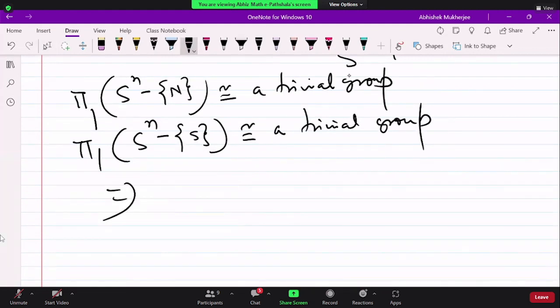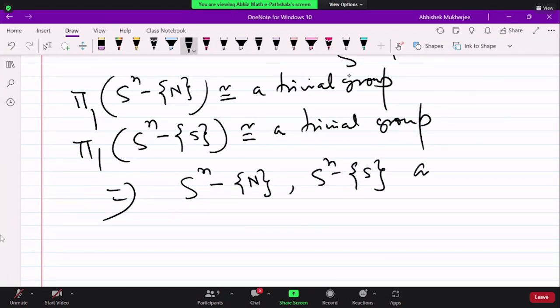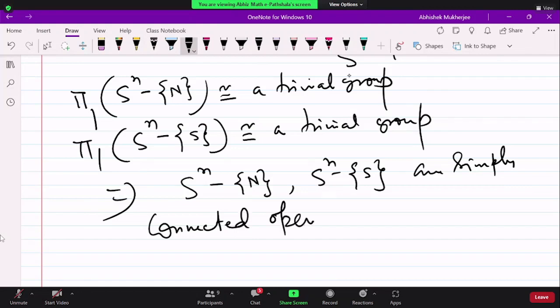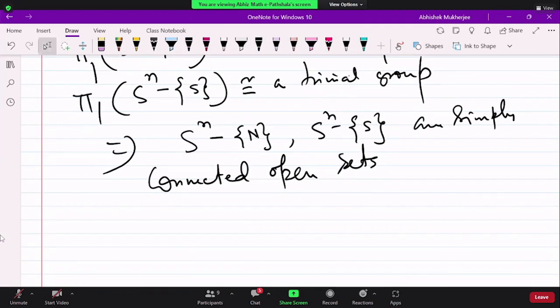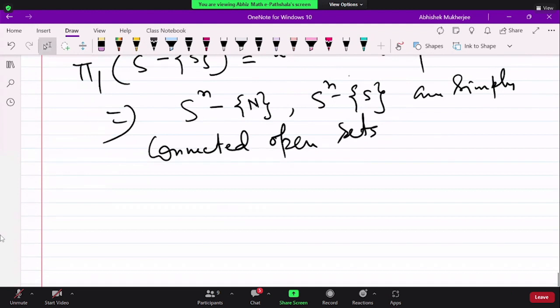This implies these two spaces are simply connected open sets, and not only that, they are making an atlas of this sphere, right?